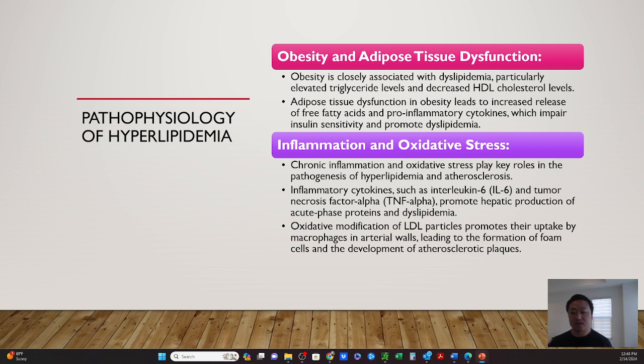Inflammatory cytokines such as interleukin and tumor necrosis factor alpha promote hepatic production of acute phase proteins and dyslipidemia. An oxidative modification of LDL particles promotes their uptake by macrophages in arterial walls, leading to formation of foam cells and development of atherosclerotic plaques.